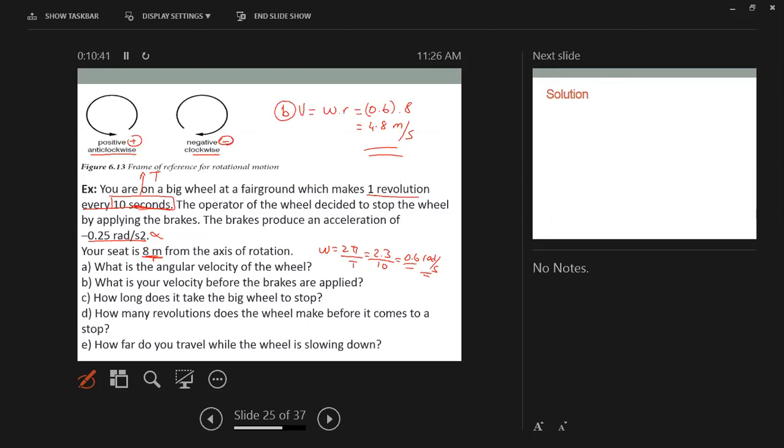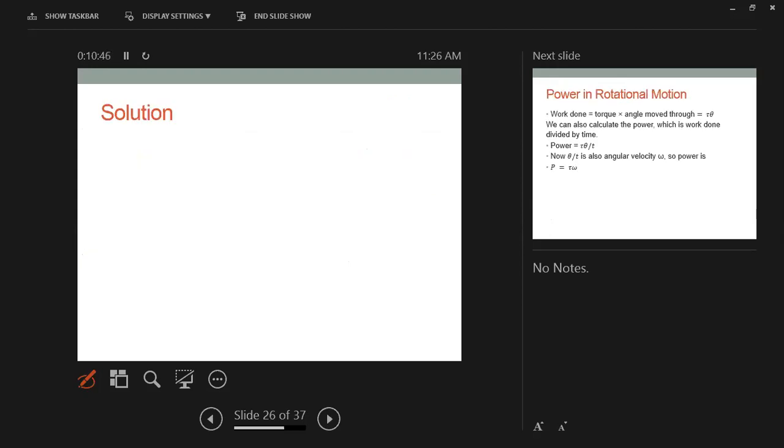Okay? So let me change the page and let's do the C, the other page. C. So the formula will be final angular velocity equals initial angular velocity plus angular acceleration times time. Okay? So we found, what did we find, the final one?